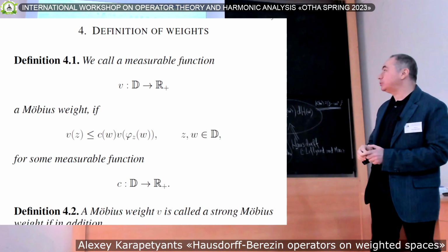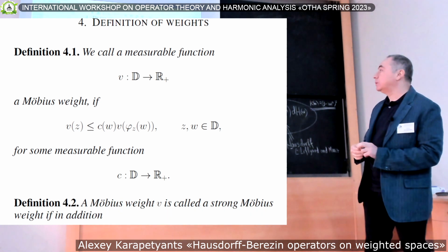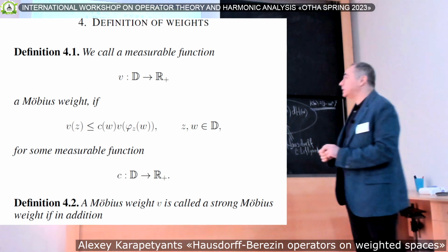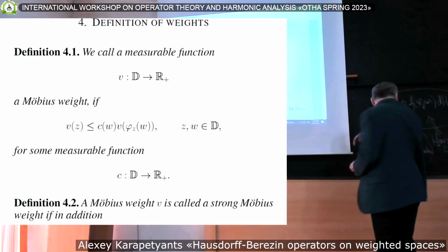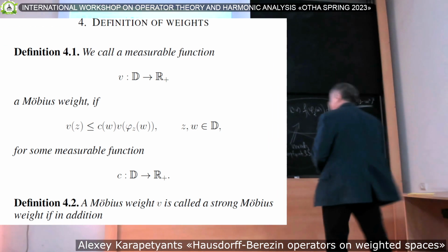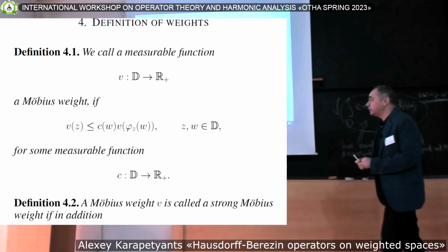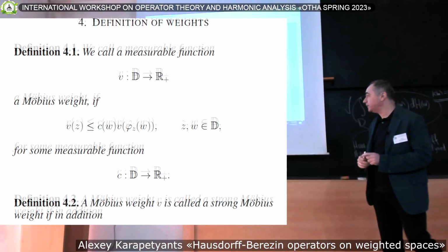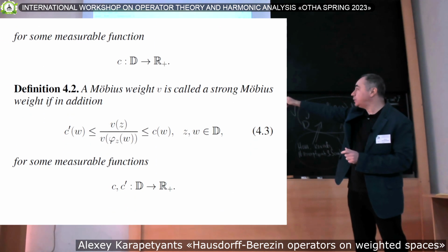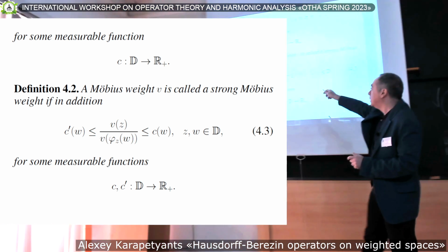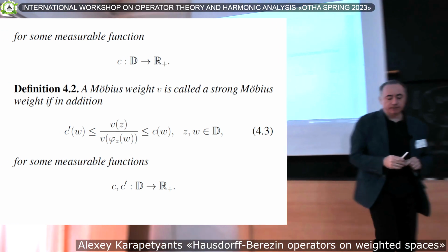Weights. I promised you to give a definition of weights. A function v is called a Möbius weight if this inequality holds true for a certain measurable function c. We call a function v a strong Möbius weight if you also have a lower bound, with c prime also a measurable function.